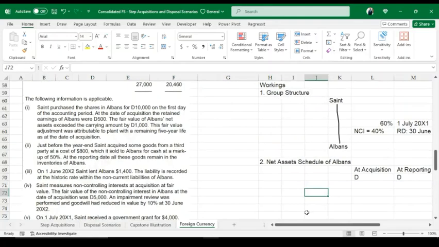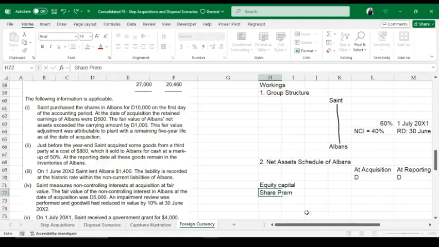So we have our equity capital, share premium, and then we also have our retained earnings.